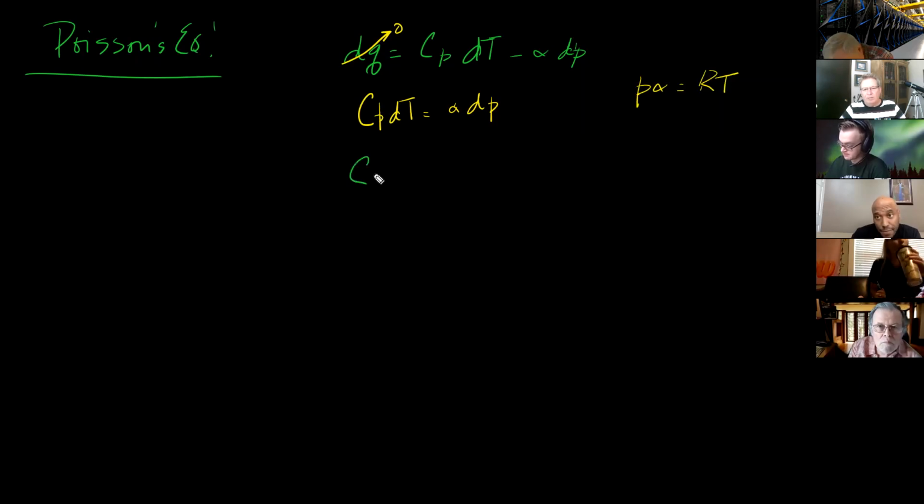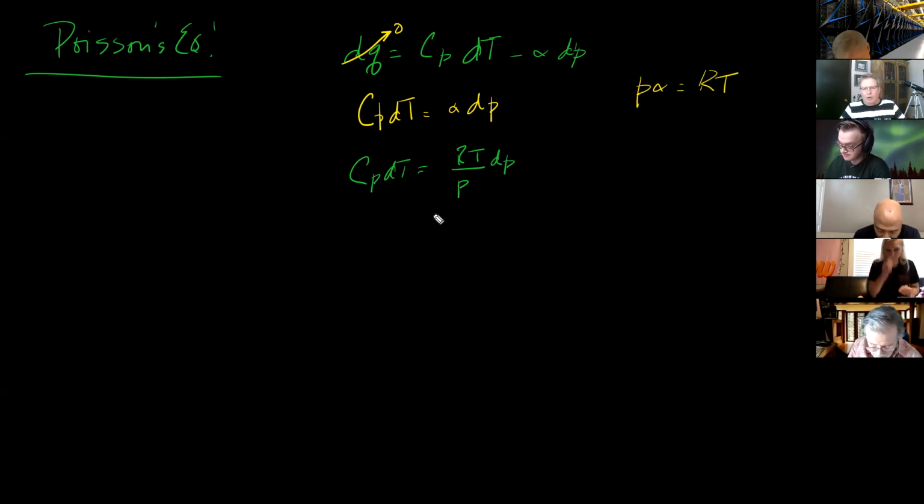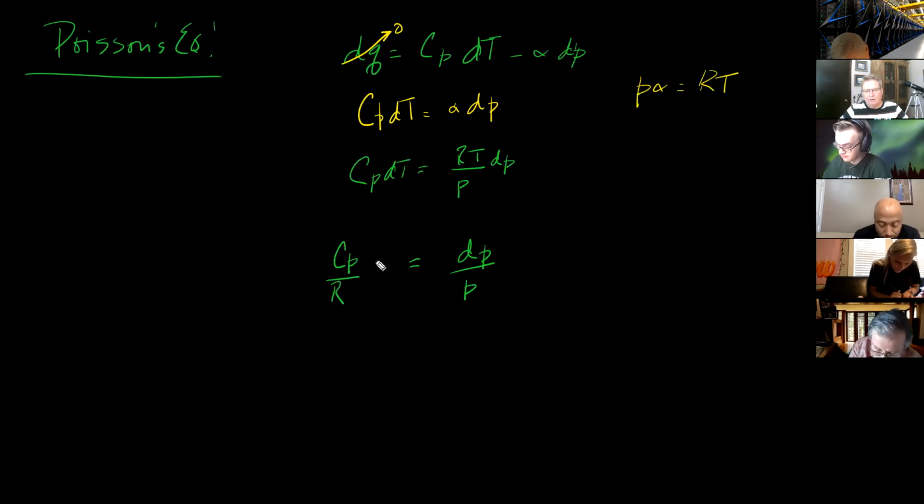So I'm going to go Cp dT equals RT over P dP, and I'm going to isolate dP over P. That will put Cp over R dT over T on that side of the equation.